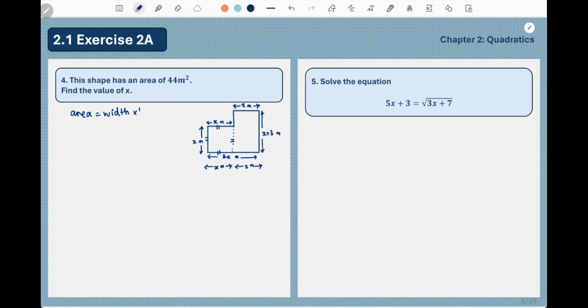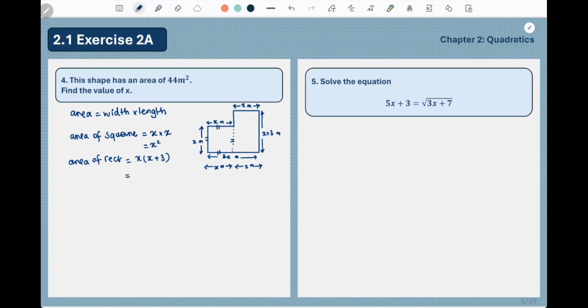This is true for both the square and the rectangle. So let me call the area of the square x times x, which is x squared. And the area of the rectangle is going to be x times x plus 3.